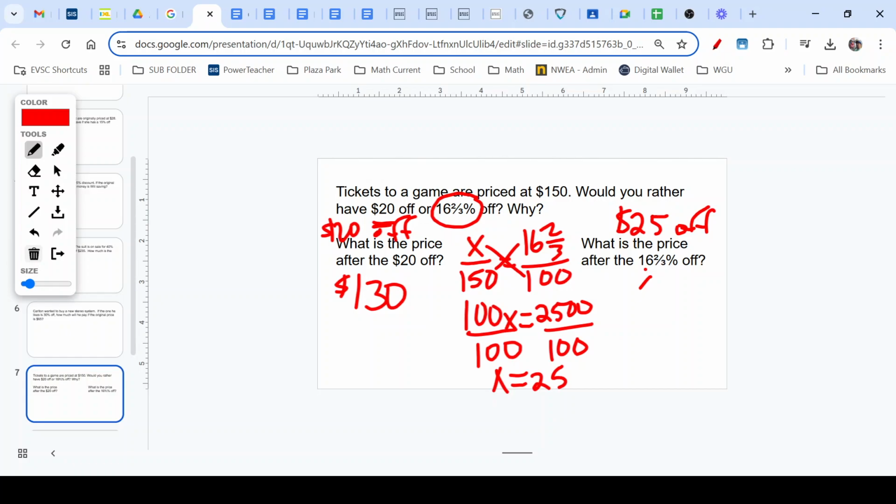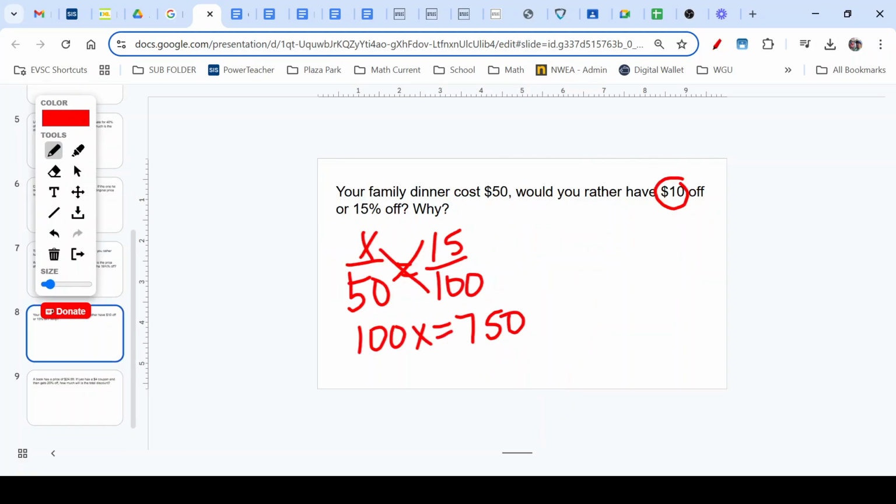So we cross multiply. Divide to eliminate that coefficient. And we get a discount of $7.50. Well, the $10 off is more than $7.50, so I would rather have $10 off. $10 off is more than $7.50 off.